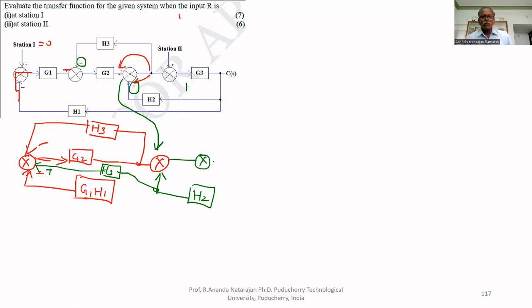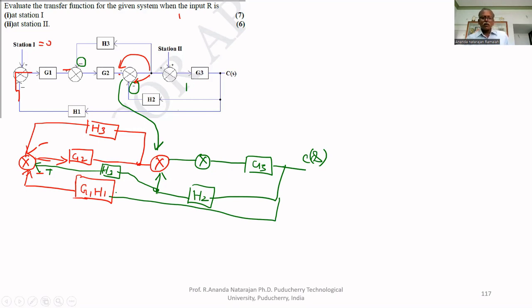Now it becomes free. G3, C of S. Another one goes here. That's all. Now this is R of S. This is R of S.